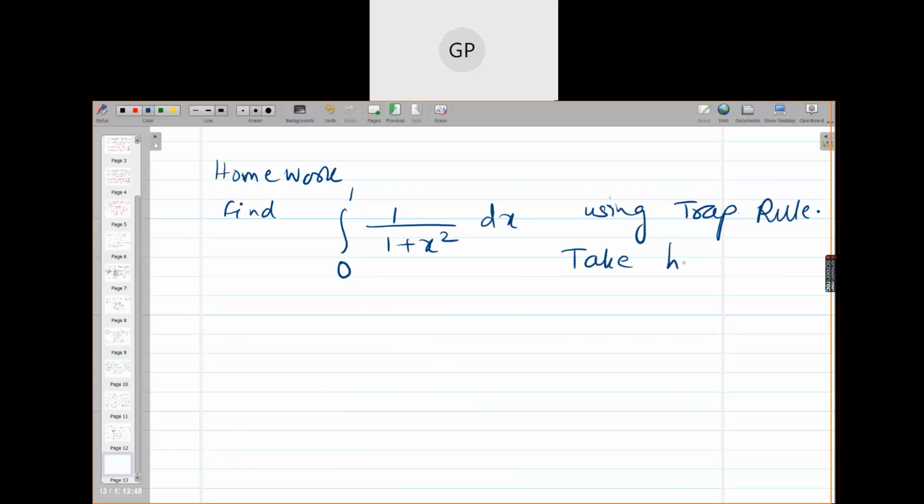Take h is equal to 0.1. Okay. Have you written it? Yes, ma'am. Okay.